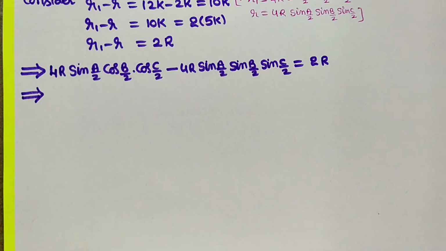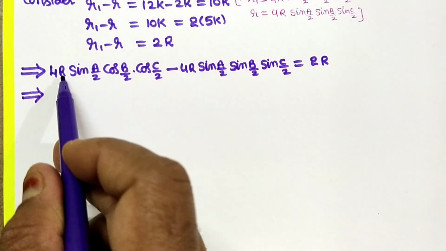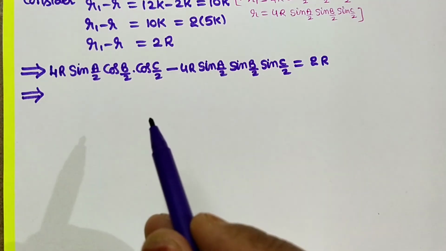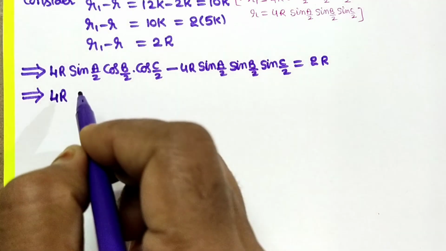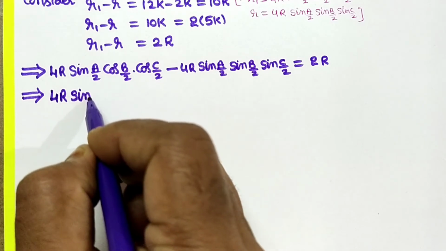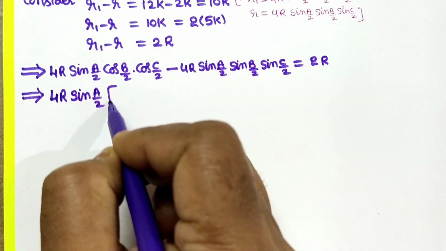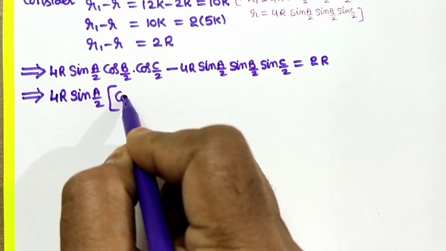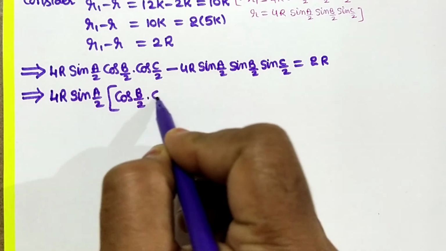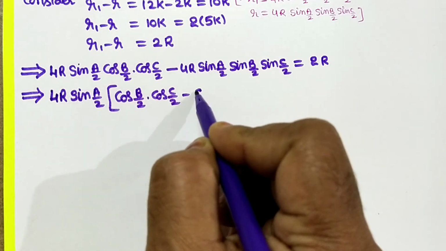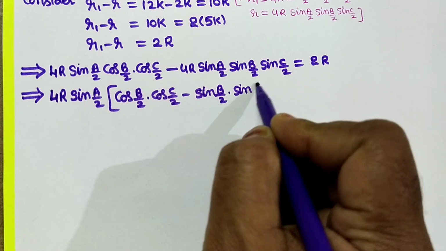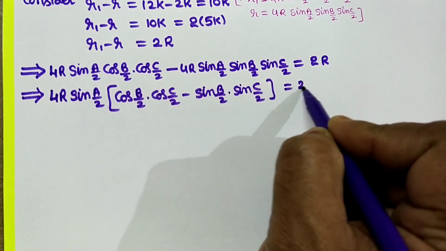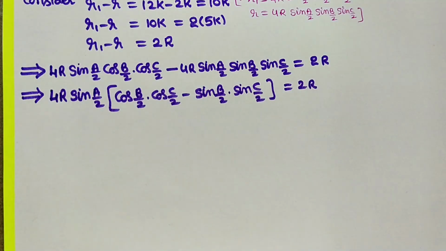We can take common 4R sin A by 2. Observe carefully. The same step we got in the previous questions also, and in the coming classes also we will get the same step. You should remember that. If you take 4R sin A by 2 common from both the terms, the remaining terms are cos B by 2 cos C by 2 minus sin B by 2 sin C by 2, which is equal to 2 into capital R.